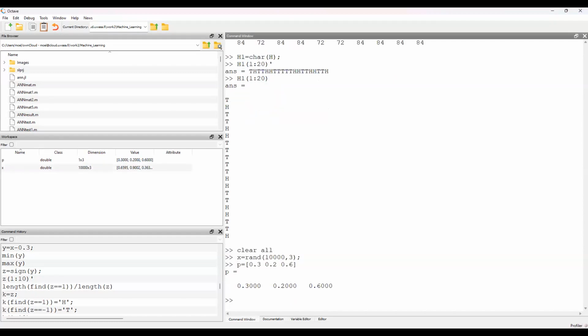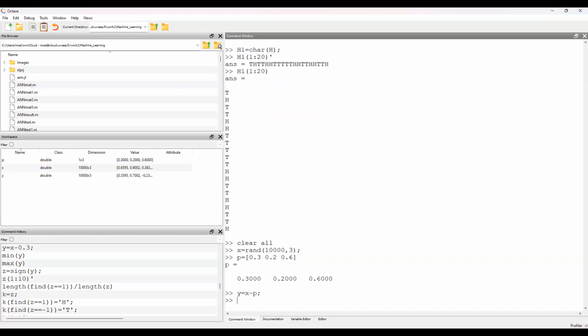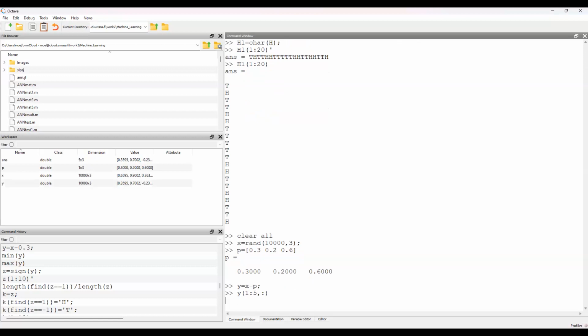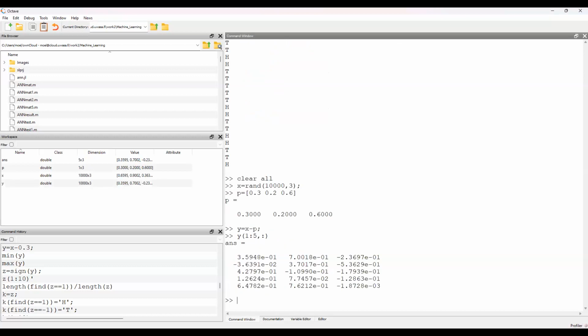This is the probability. I will say that Y equals X minus P, so it will be subtracted from each row. If you look now at Y, if we take the first 5 elements for all columns, you can see it this way.